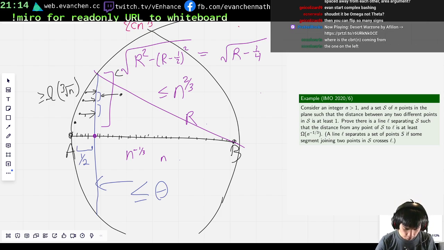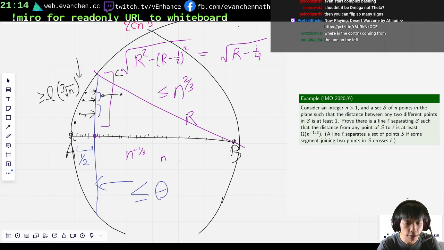So the point is that this region here, there's a shadow every 1 over cube root n at least. Right? So we're assuming that any two shadows are within cube root n. Yeah, we're assuming that.